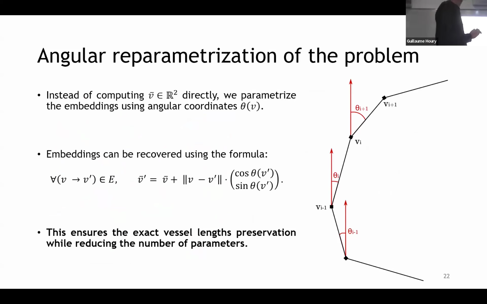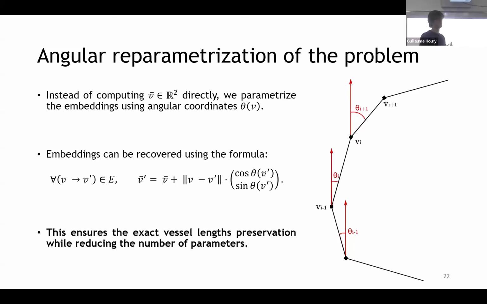So actually, rather than computing 2D coordinates directly, we rather use a change of variable to make the problem simpler based on the following observation. If you know the embedding of one node, then the embedding of one of its children will be entirely determined by the vector going from one node to the other.